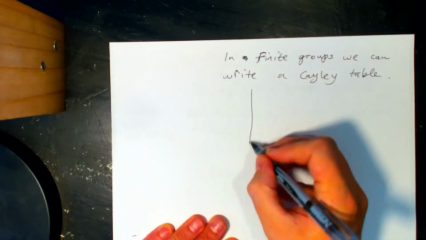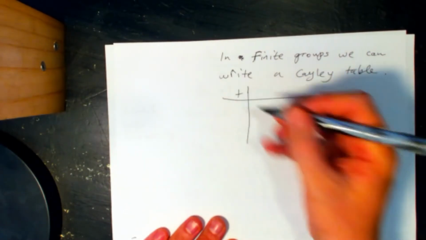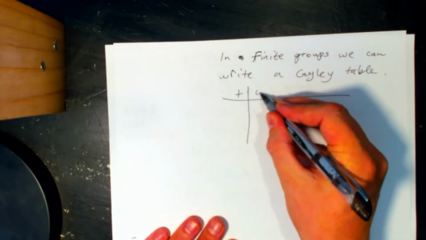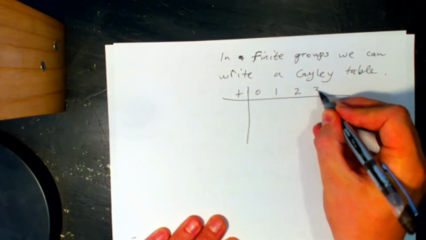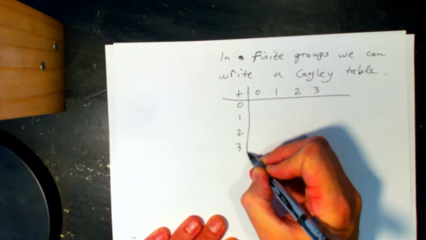Now let's do this for integers mod 4 under addition. So for that one we had 0, 1, 2, and 3, 0, 1, 2, and 3.